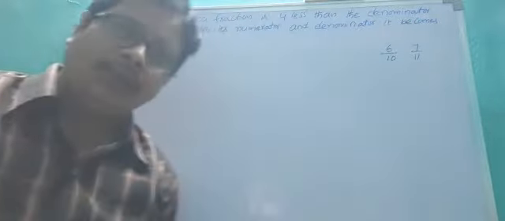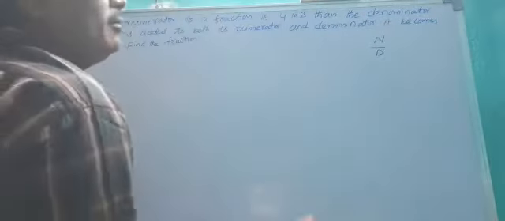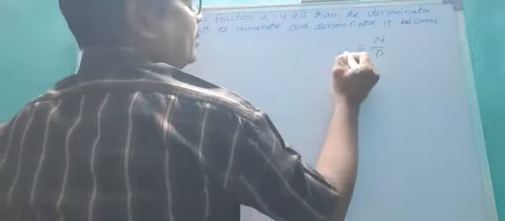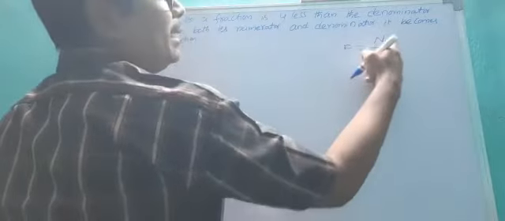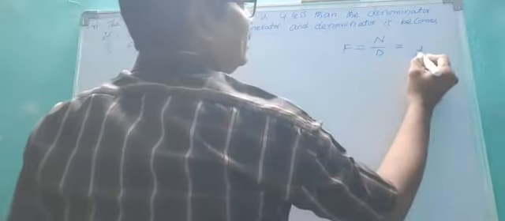We don't know. Let us take the numerator and denominator. This is known as the fraction. So fraction is equal to numerator by denominator. What is the denominator here? We don't know. Let us take the denominator to be d.